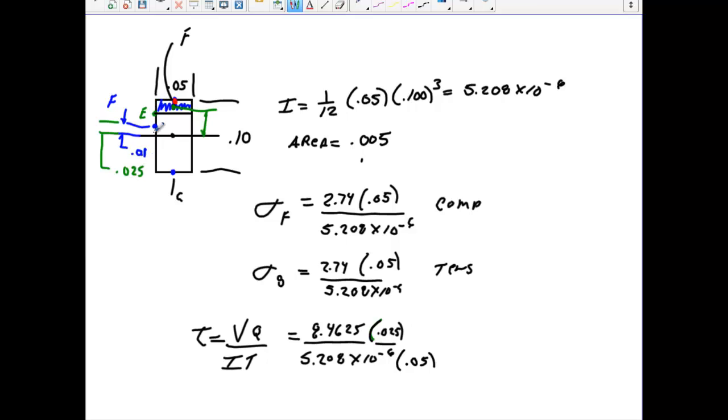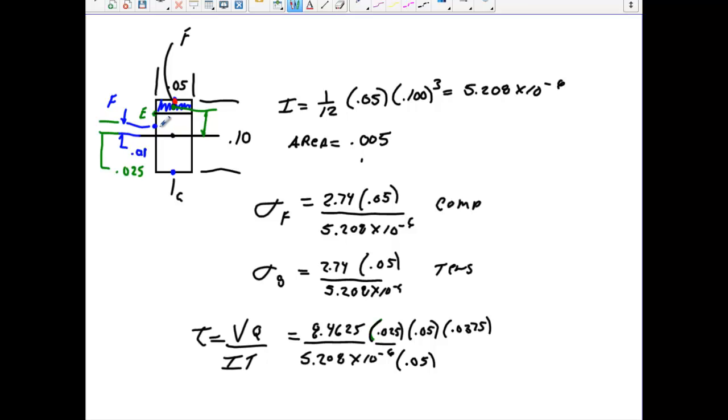So don't think this is it. It's not this distance here. It's the distance from here to here times the thickness, which in this case is 0.05. And then I'm going to come up from here to here, 0.025 plus another 0.0125. Being brain dead tonight, let's see what that is. That would be 0.0375. And that would give me the shear here.